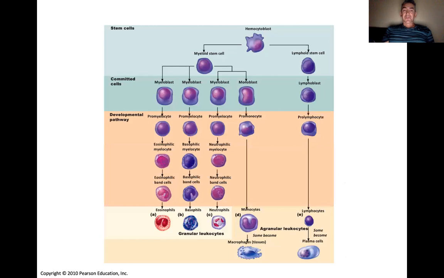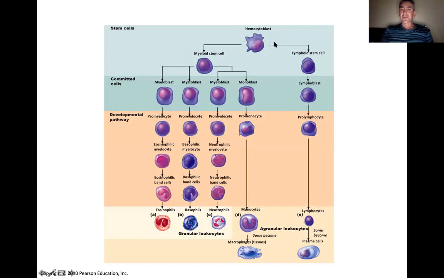All right, so something that you should remember from last discussion are hemocytoblasts, right? That pluripotent cell, that precursor to all the blood cells, that stem cell, if we want to call it that. Very early in its development, we see a distinction here.